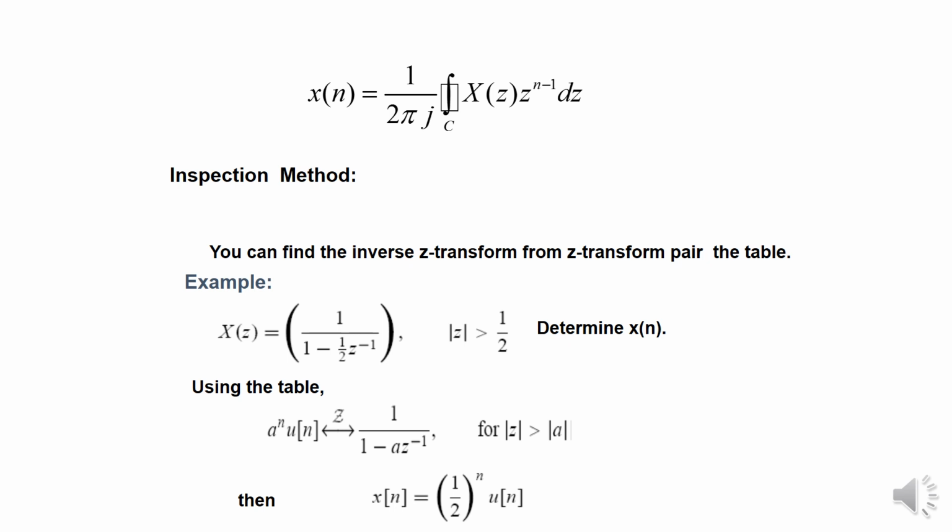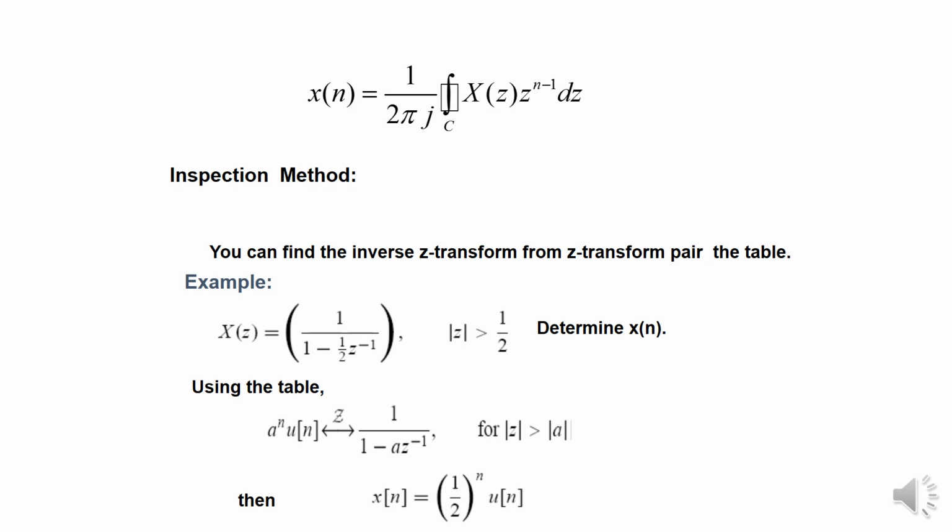First of all, we'll take a look at our first method of finding the inverse Z transform, the inspection method. You can find the inverse Z transform from the Z transform pair table. I have shown you that table previously. In this example, X(z) is given as 1 over 1 minus 1/2 z^-1.